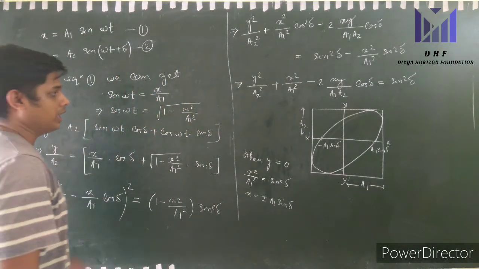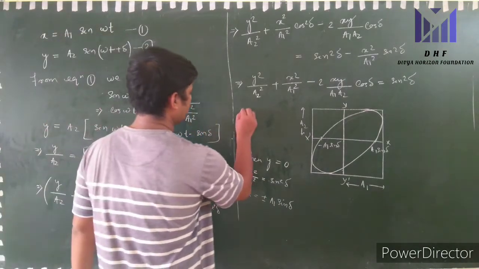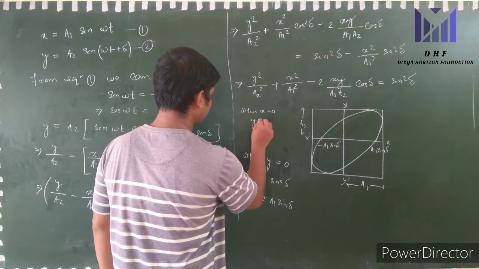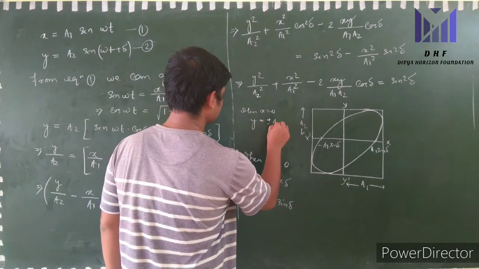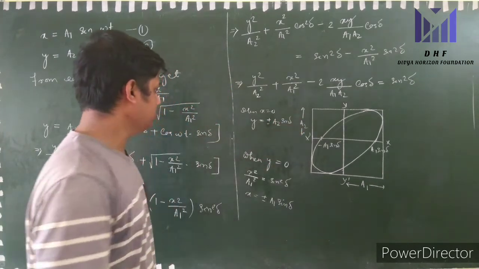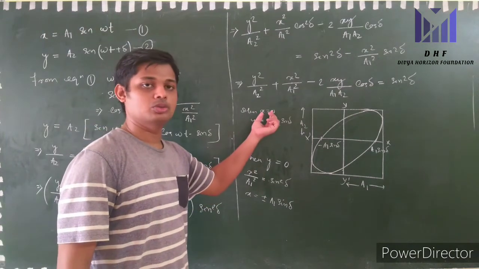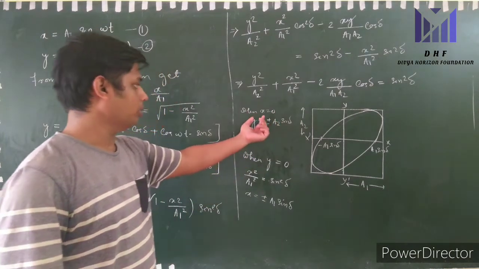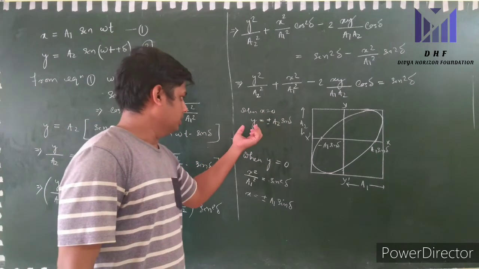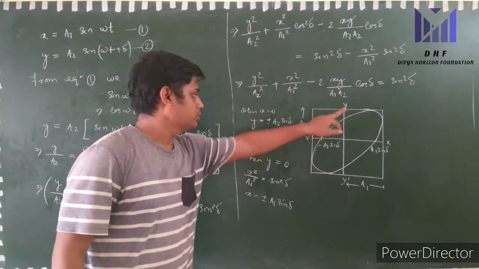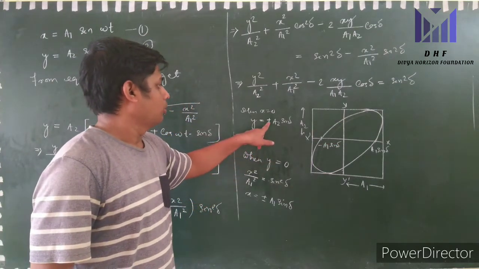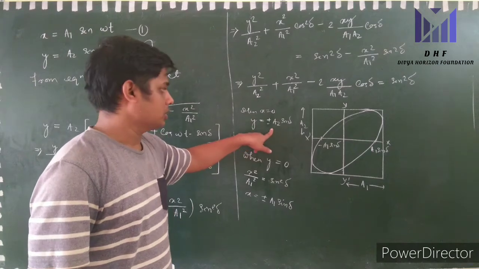Similarly, by putting x is equal to 0, y will be plus minus a2 sin delta. This means this ellipse will cut the y-axis at plus a2 sin delta and minus a2 sin delta.